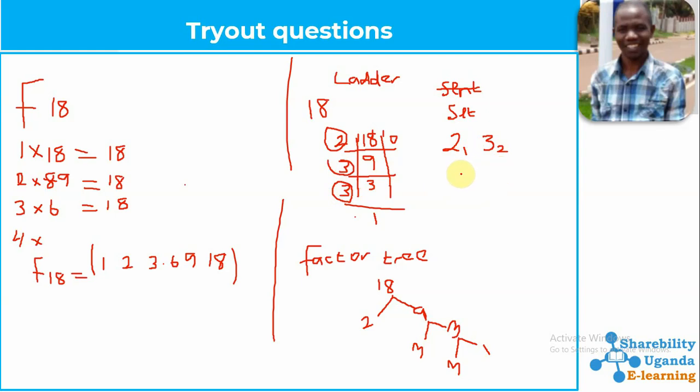So if we are to present the factors of 18, then we can write it like this: 2 times 3 times 3.